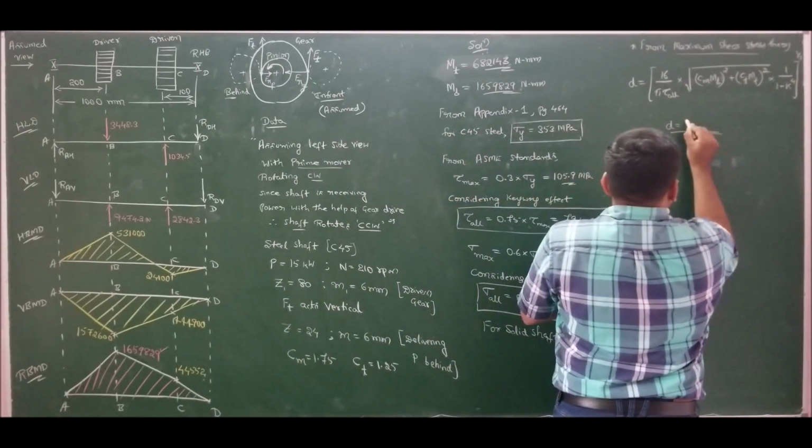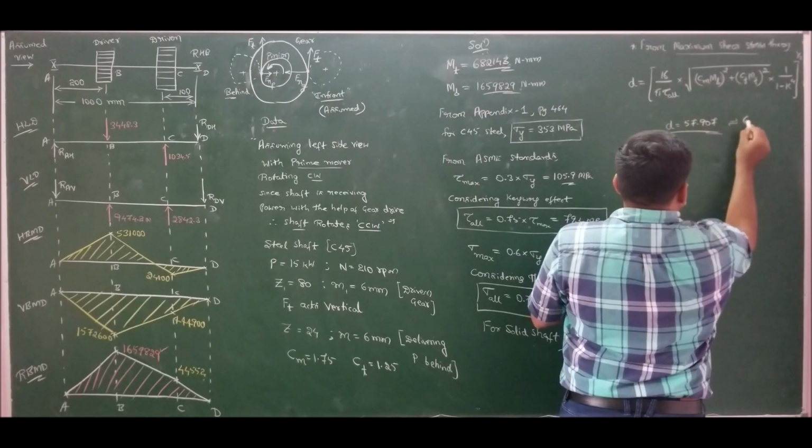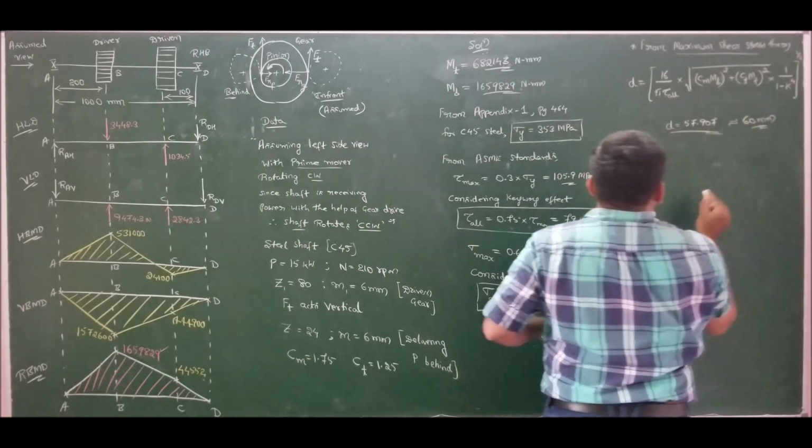So diameter is 57.907, nearly equal to 60 mm.